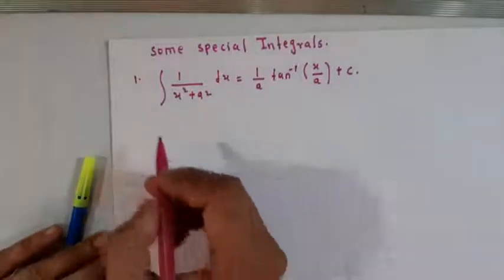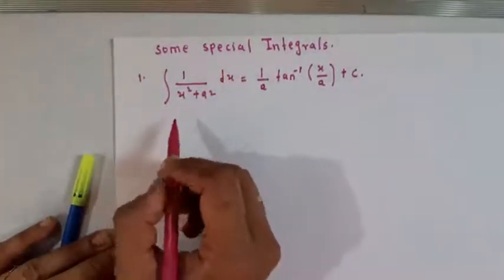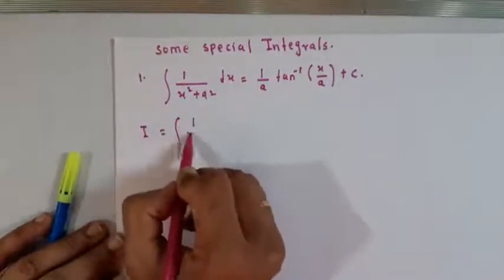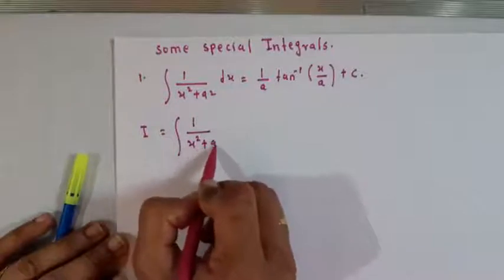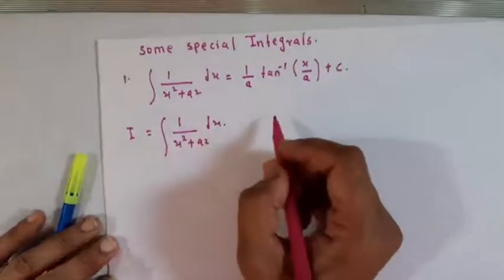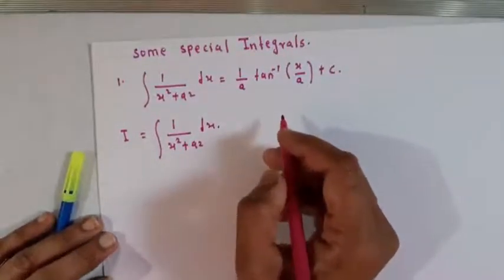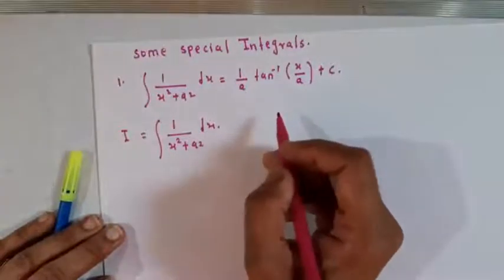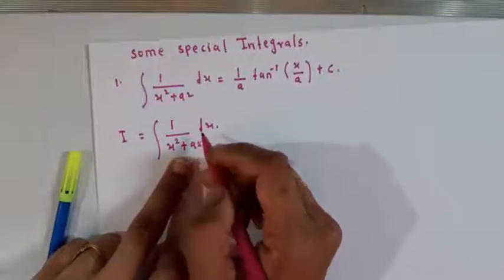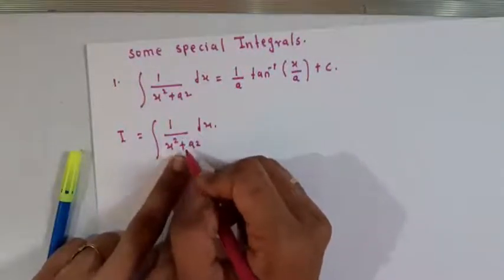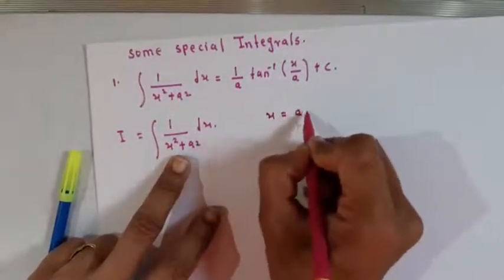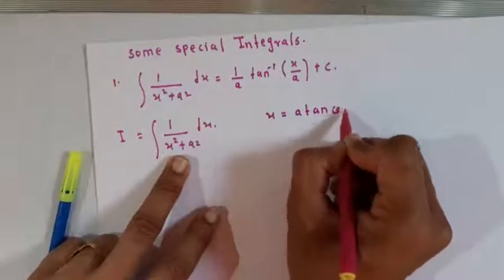To prove this formula, let us consider the integration I equal to 1 upon x square plus a square with respect to x. Here we have to substitute. For x square plus a square, the substitution is: put x equal to a tan theta.